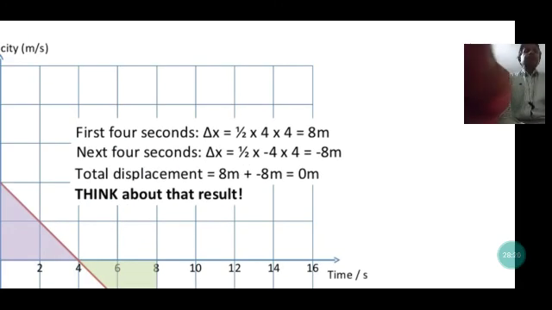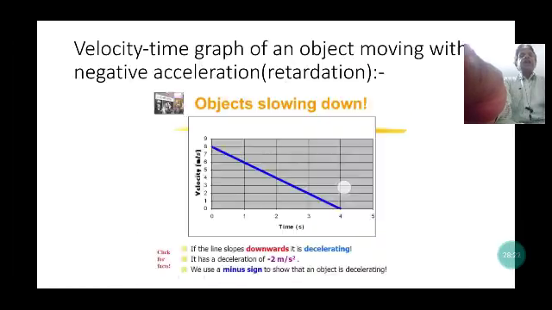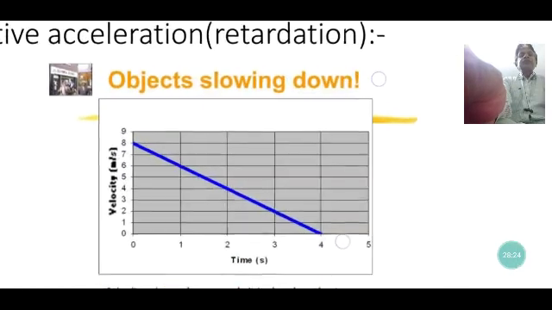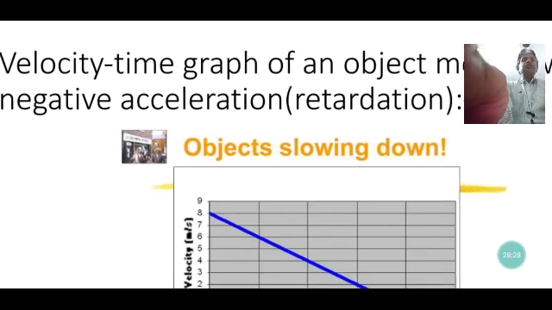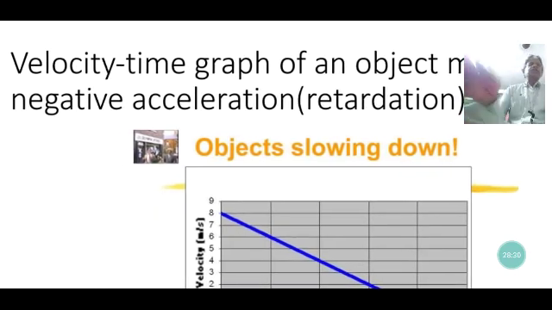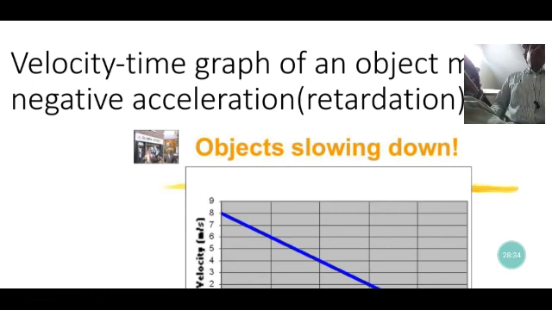Now, next slide: velocity time graph of an object moving with negative acceleration. If the change in velocity is negative, that means the velocity decreases uniformly as time passes, then the object is said to be moving with a uniform negative acceleration. That is known as retardation.